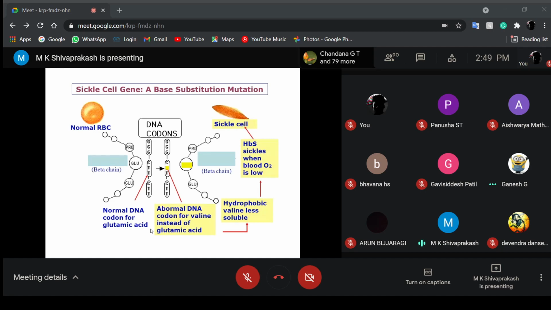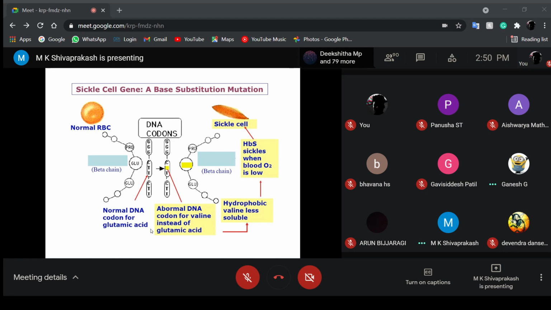The normal RBCs are rolled out normally, whereas in the other case the mutation has occurred in the hemoglobin gene, and it results in half moon shaped or sickle shaped cells, which are not fully efficient because their activity is subdued. So people having this problem have sickle cell red blood corpuscles in their blood.